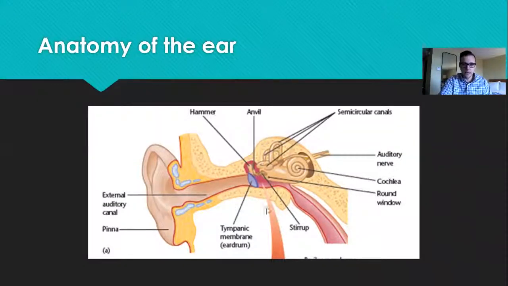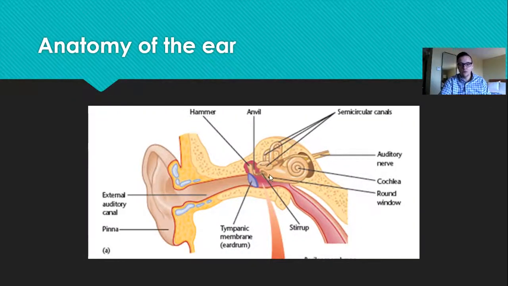So again, these three bones amplify the sound largely because when a pressure wave transitions between mediums, from air to water, whatever transition it's making, it loses some of its amplitude.